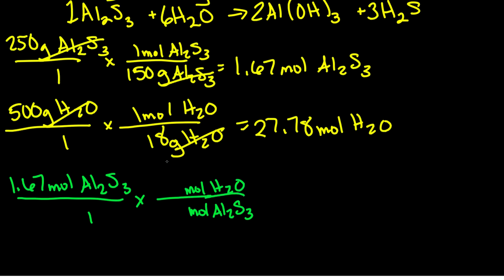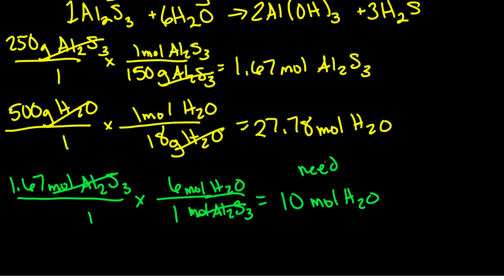Now I use my balanced equation. It's 1 to 6. So there's 6 waters for every 1 aluminum sulfide. So moles of aluminum sulfide cancel. So 1.67 times 6 divided by 1. I need 10 moles of water. That's how much I need.